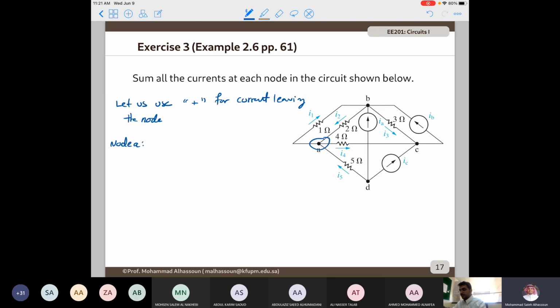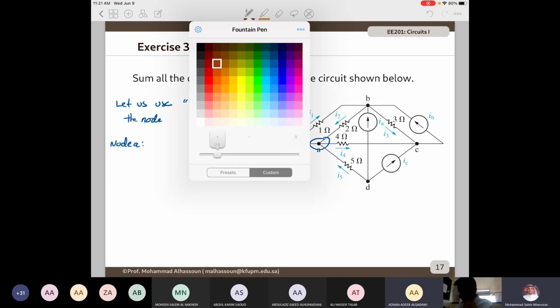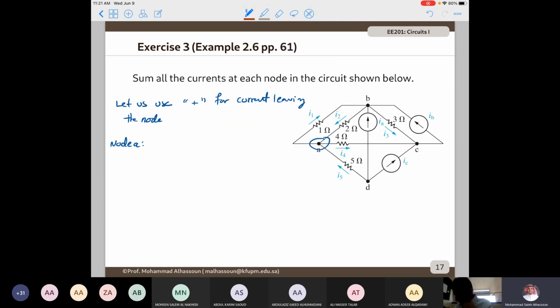Adnan? I4 is leaving the node, right? Yes. I4 is leaving the node, so it's positive here.